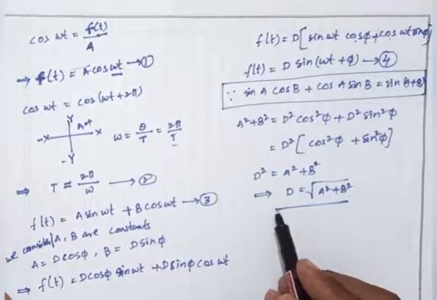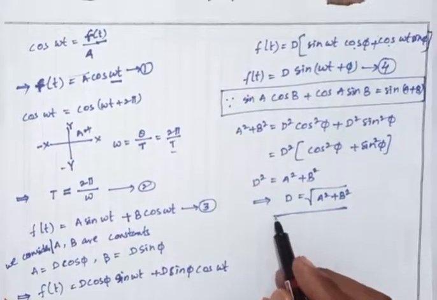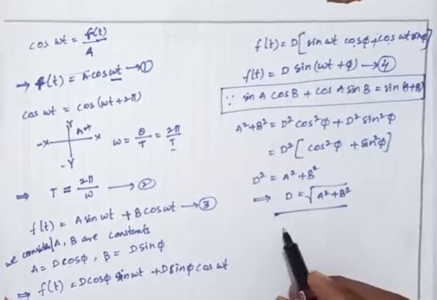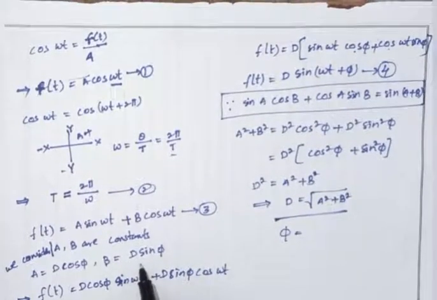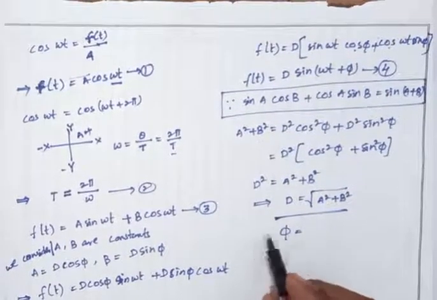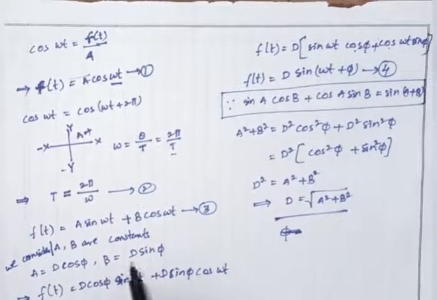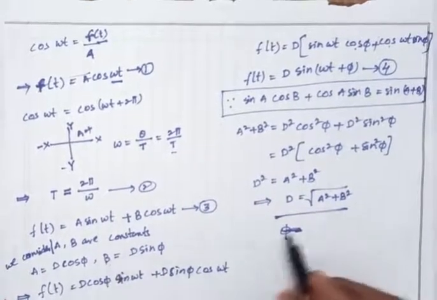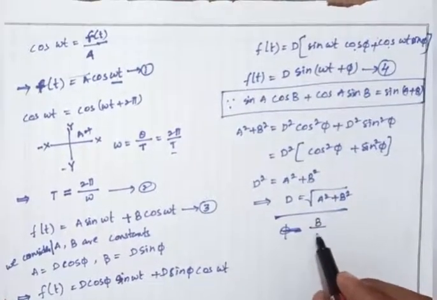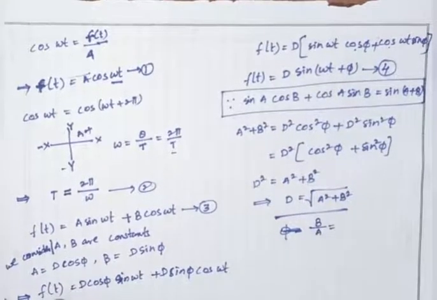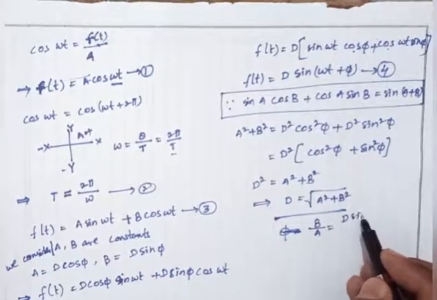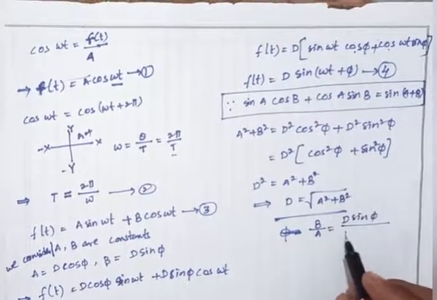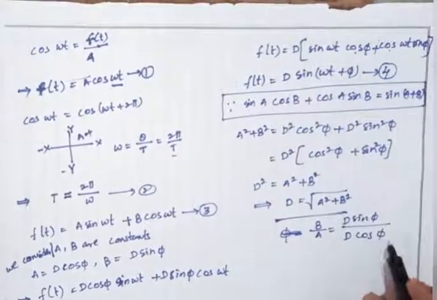So we can find the phi value. We can take b by a equals d sin phi by d cos phi.